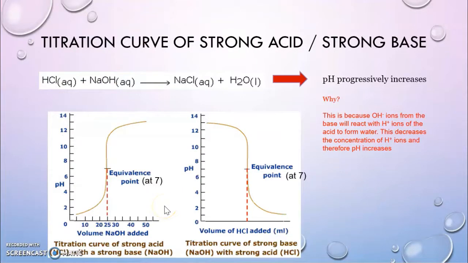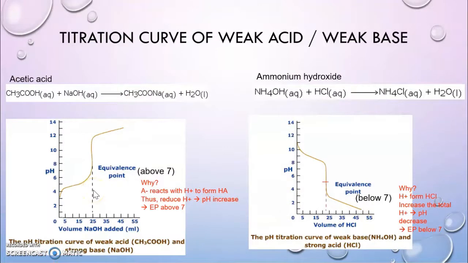To summarize, in the titration between strong acid and strong base, the equivalence point will always be at 7. On the other hand, in the titration of weak acid with strong base, the equivalence point will be above 7.